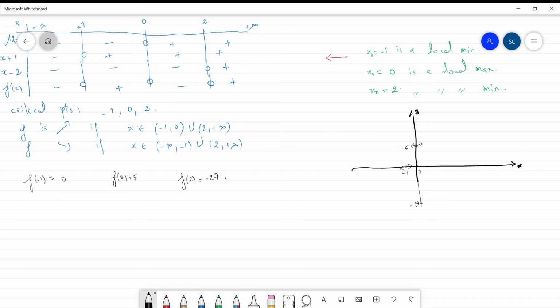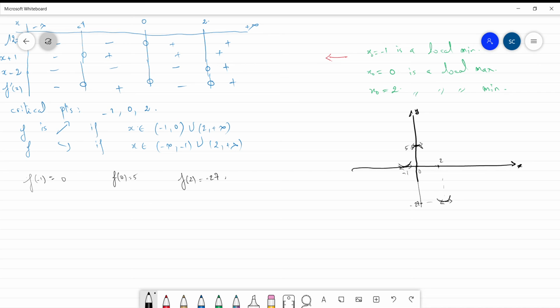So I have a horizontal tangent, and the other one, let's say -27, and there is another point here, you see. I know that at -1 I have a local min, so I will have a shape like that locally. At 0, I will have a local maximum, something like that. And here I will also have a minimum point.